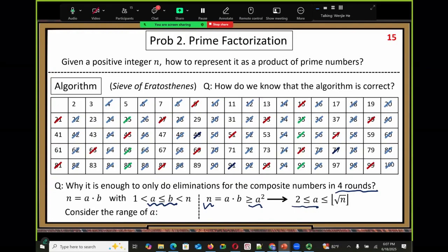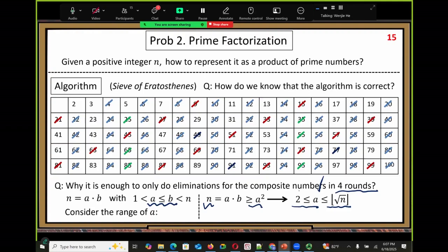But we know A is an integer, and the square root of N may not be an integer, so we apply the floor function to the square root of N. So we get an integer expression.